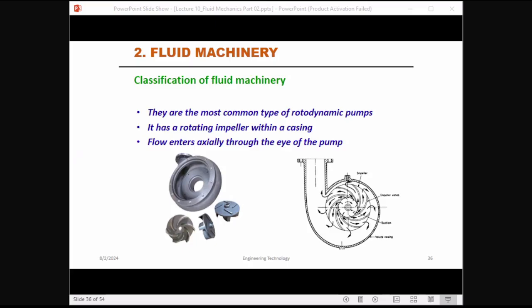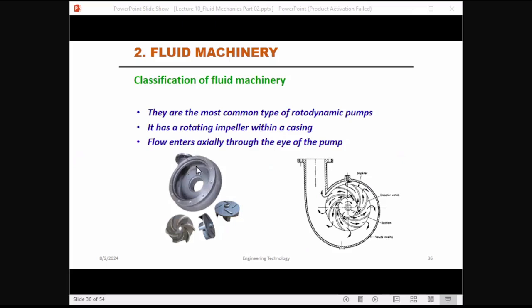In industry they use these centrifugal pumps for a lot of applications. It has a rotating impeller within a casing.